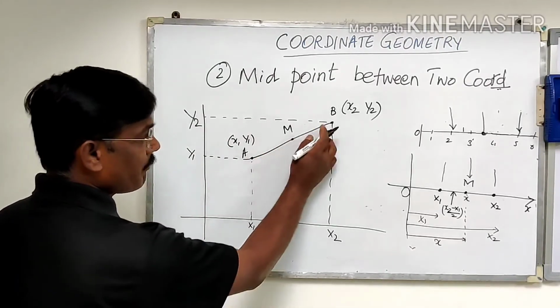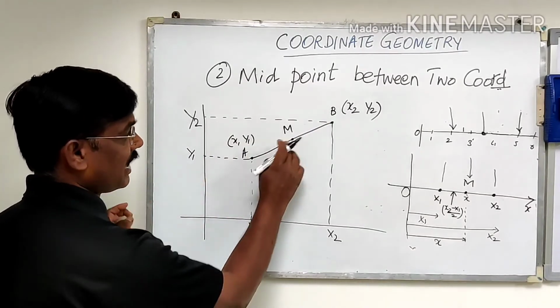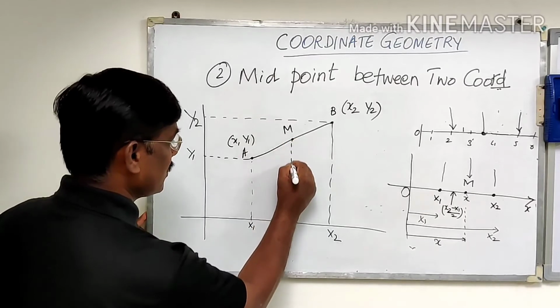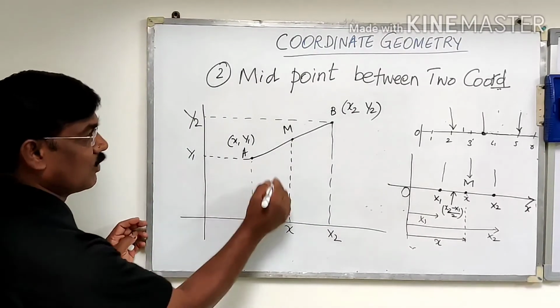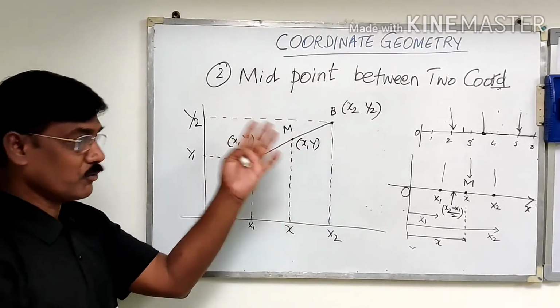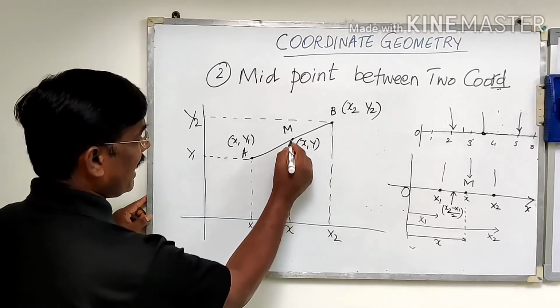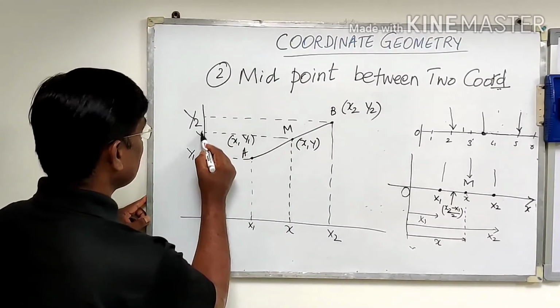M is the midpoint, on the line joining these two coordinates. It is lying on this line. So just write here, let us say this is some x. We have to find the coordinate of this. This is x comma y, which we have to find. This has coordinate x and this is y.